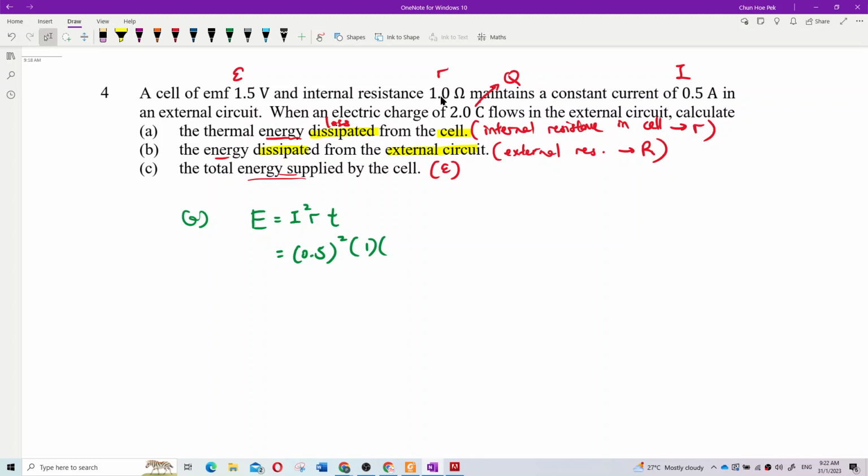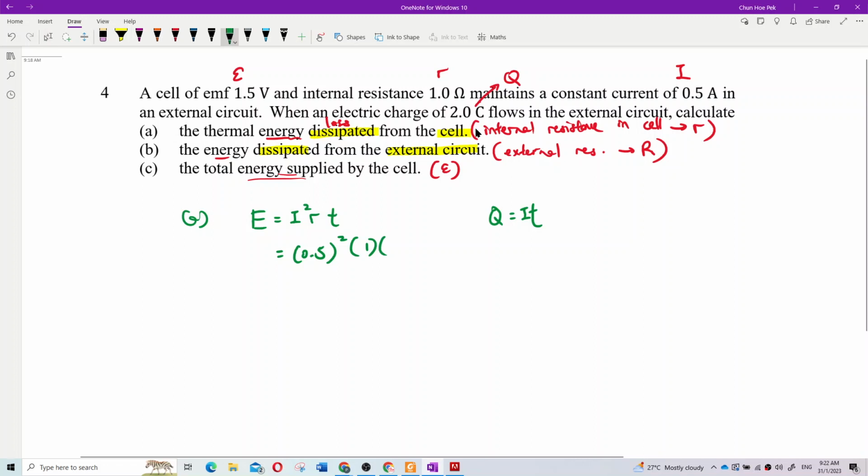When the electrical charge flows in the circuit, we can find the time. Q equals I T, because this is the total charge that flows in the circuit. For this amount of charge, how much time has been taken for the current to accumulate to 2 coulomb?